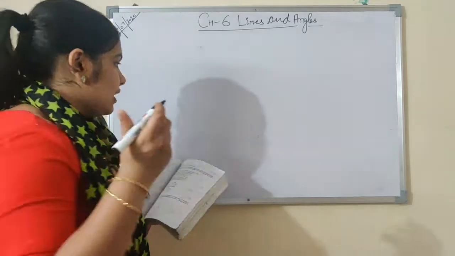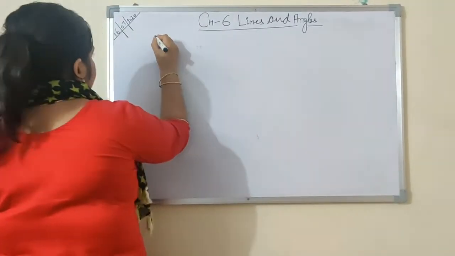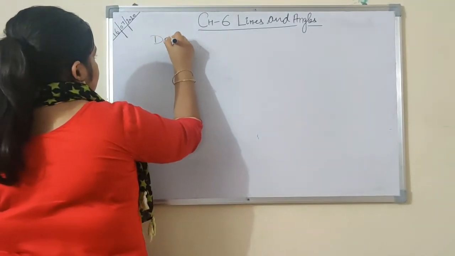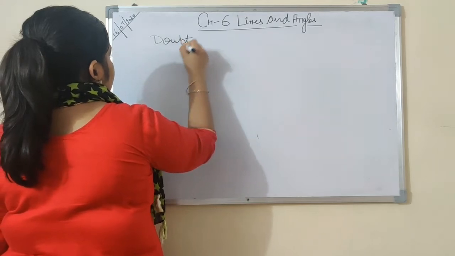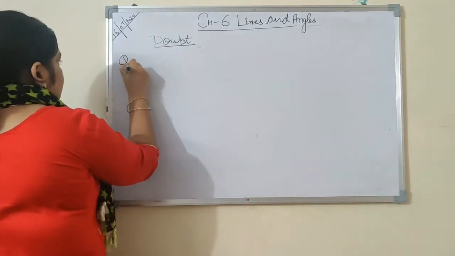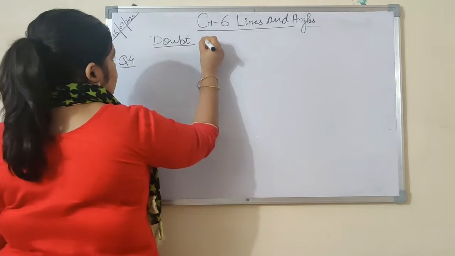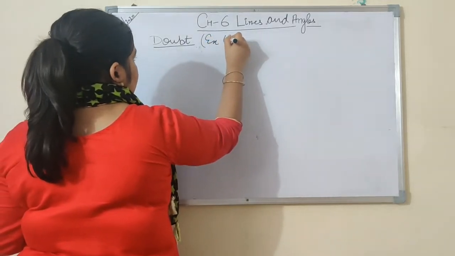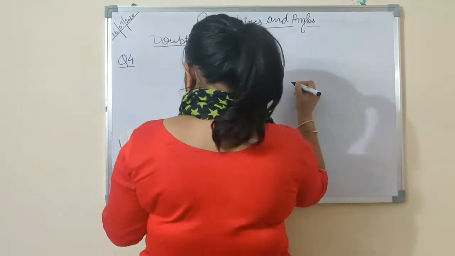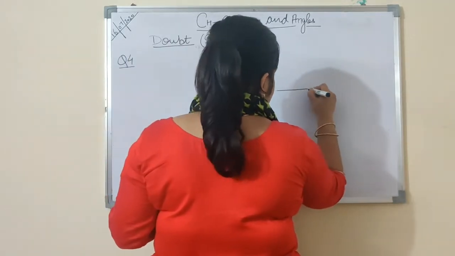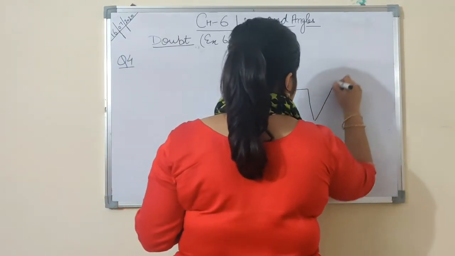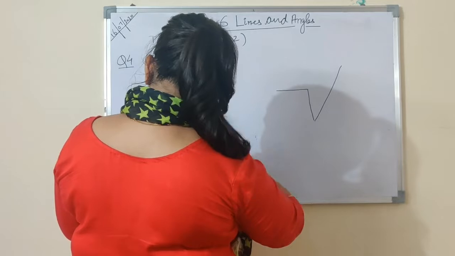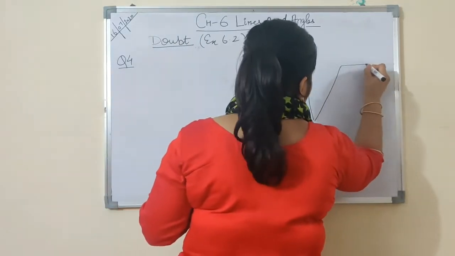Now listen, first I am drawing the figure over here. What is the figure? Something we have to draw like this for the figure.